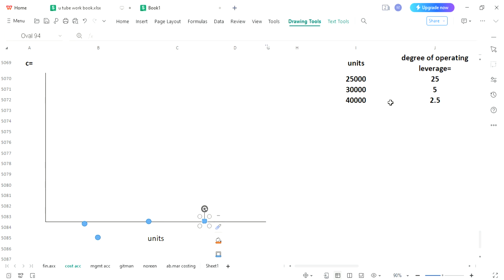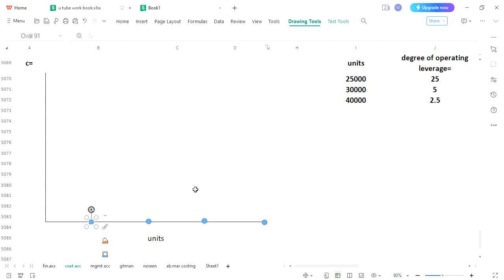And since the number of units is 25, 30, 40, let's make another part. Okay, just settle it down in a little more proper way.